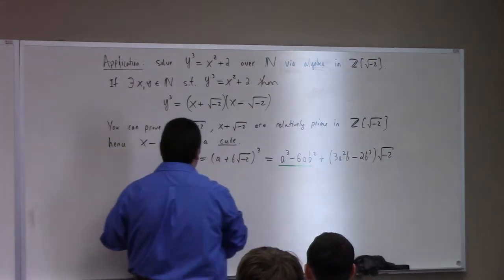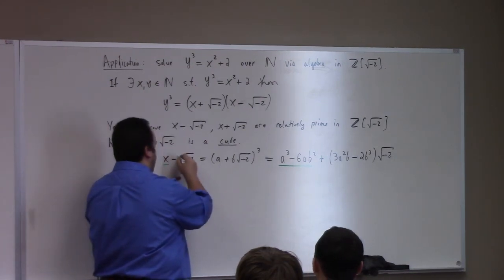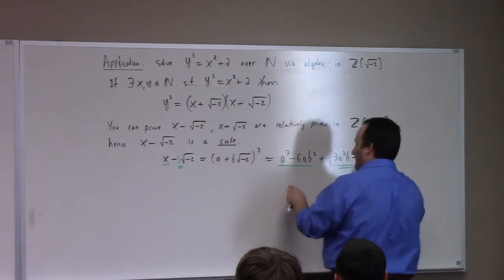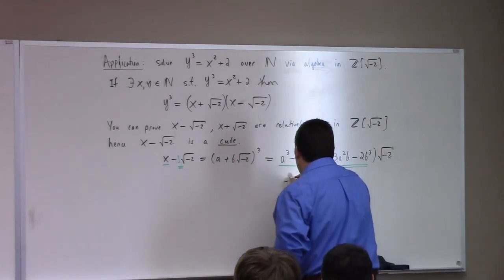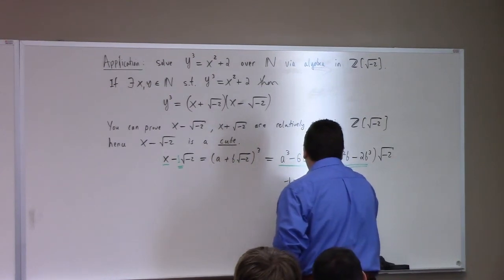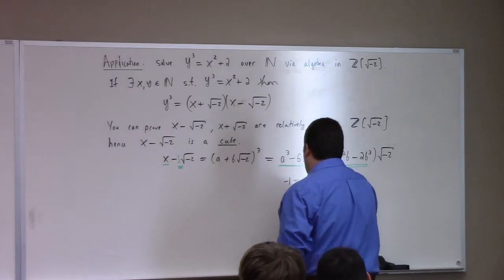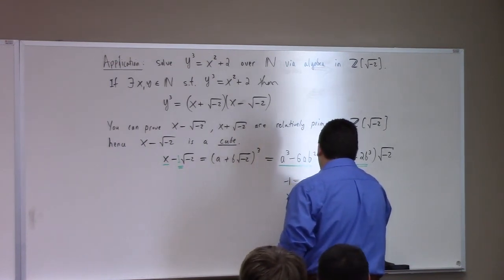But we also have a minus 1 right here, and that must match that. So I get that minus 1 is equal to 3a squared b minus 2b cubed. And I also get that x is equal to a cubed minus 6ab squared.